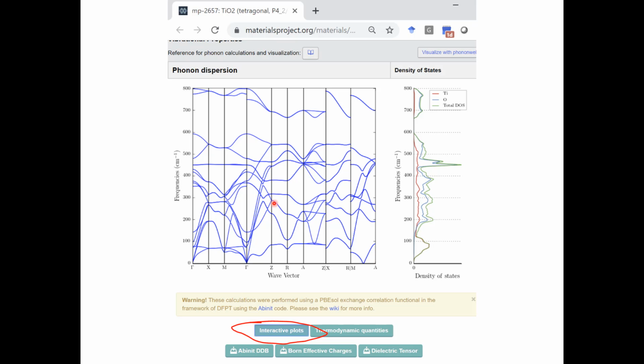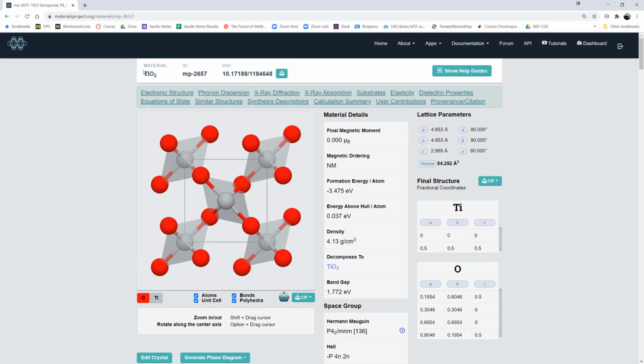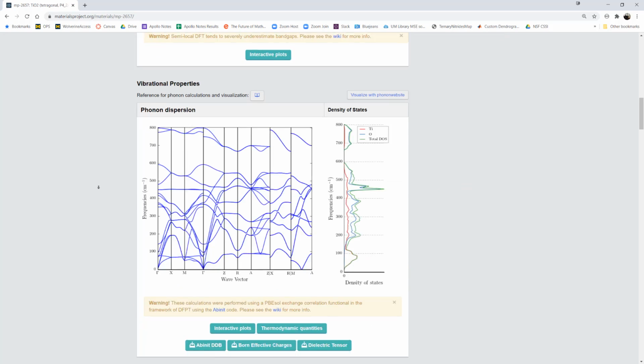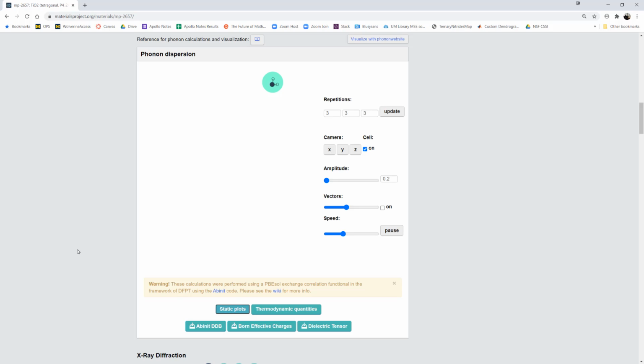And you can click on this button here for something called interactive plots. So I'm just going to pull this up over here. This is rutile TiO2, a very common material. I'm going to scroll down here. This is a section called phonon dispersion. And I'm going to click on interactive plots.